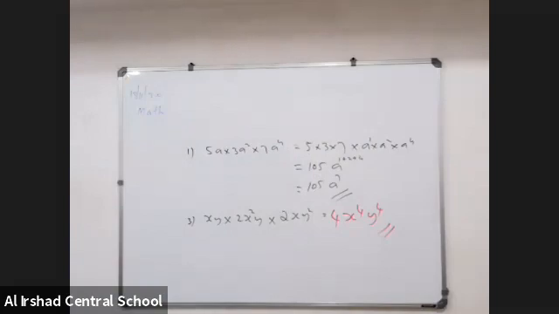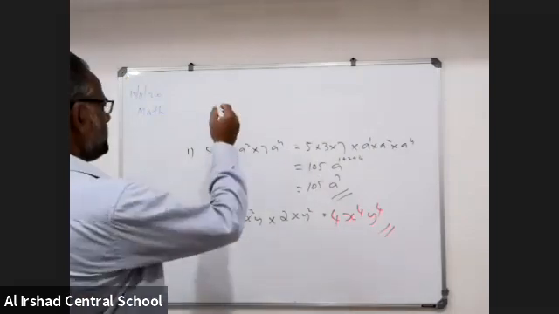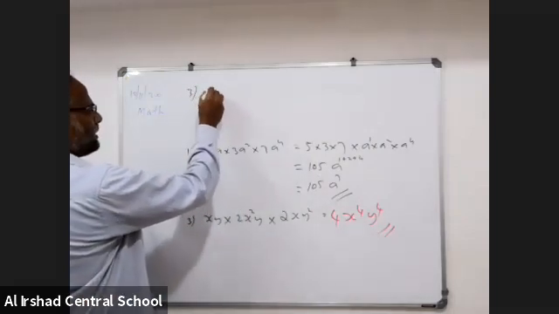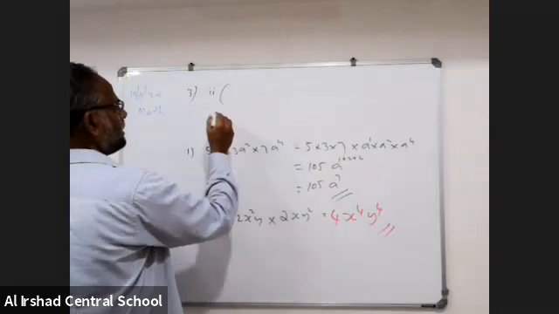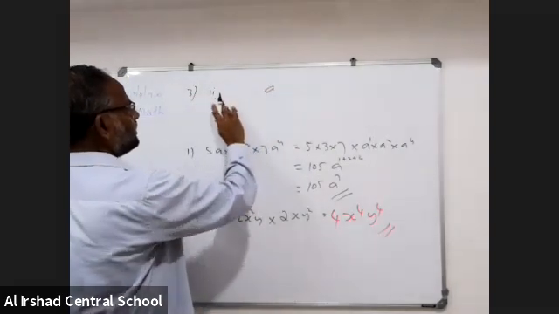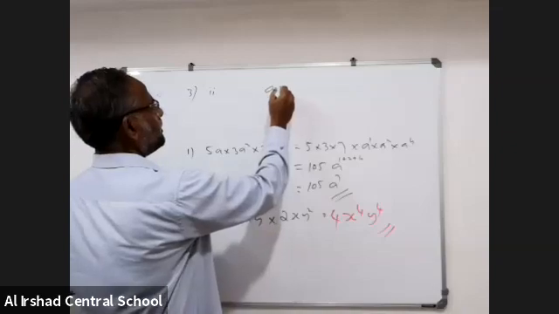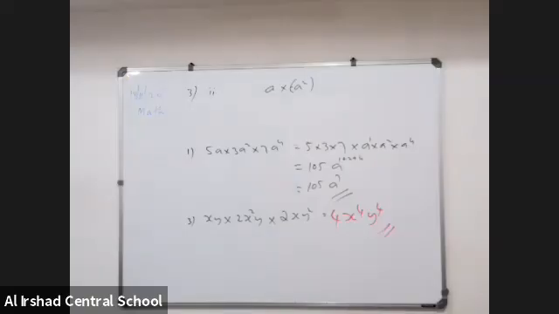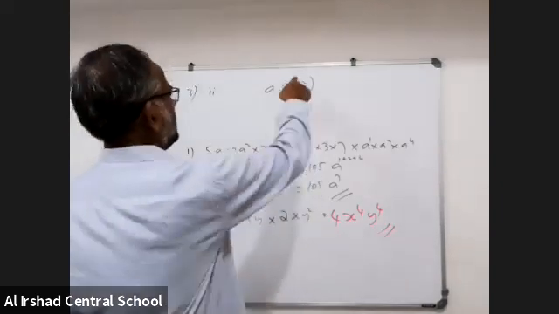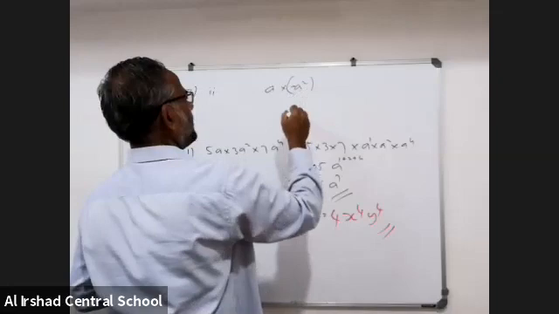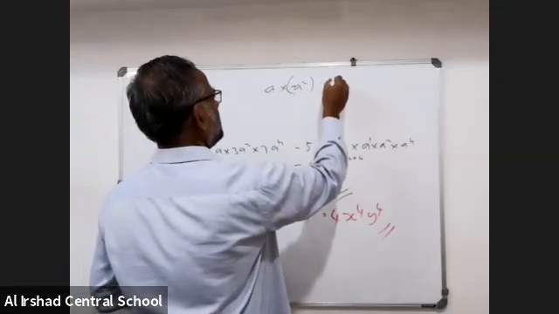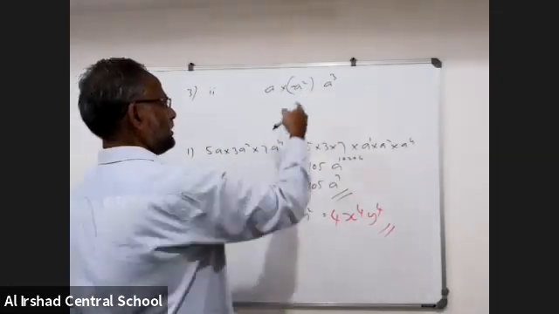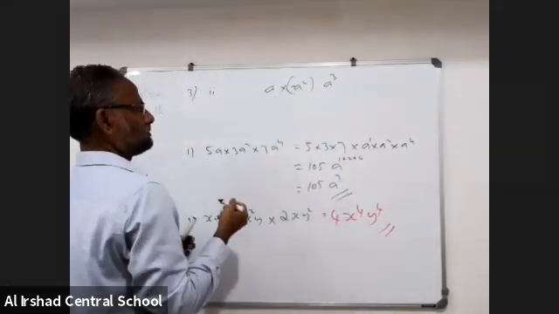A into minus a square into a cube. Third question, second bit. A into minus a square. Then a cube. Here minus is there. That is why I put the bracket. Into a cube. Into video then ആവശ്യമില്ല.